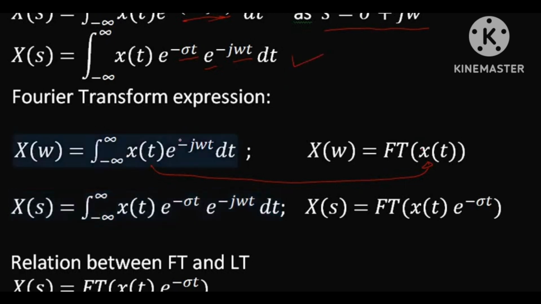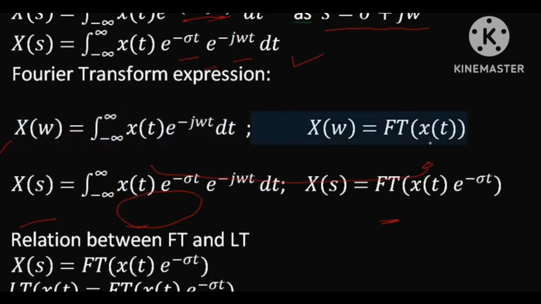If you compare these two equations, you can write X(s) as nothing but FT of x(t) e raised to minus sigma t, because for this expression we are writing this as FT of x(t).